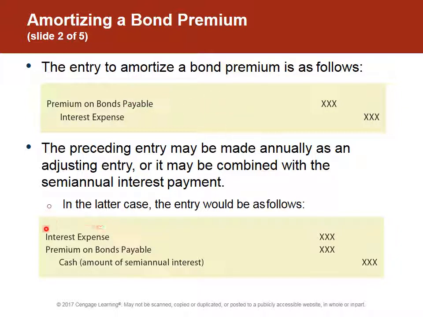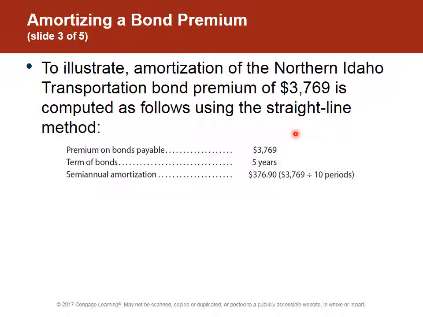We've got interest expense and the premium added together to equal the amount of cash when we have a combined calculation, or if we choose, we can amortize that interest expense separately. And different companies will do it different ways. Different students will do it different ways. The end result is the same whether you do a combined entry or not. So we're going to do the combined entry with this example.